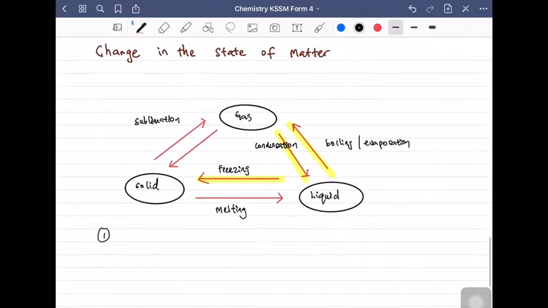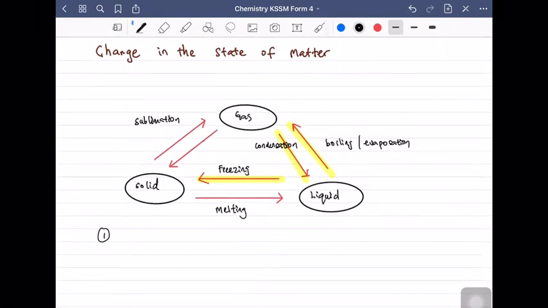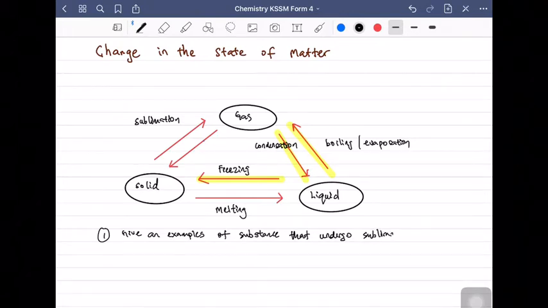Alright, and one of the question that always asked in exam is, give an example of substance that undergo sublimation. Okay, and we know that sublimation is from solid to gas.